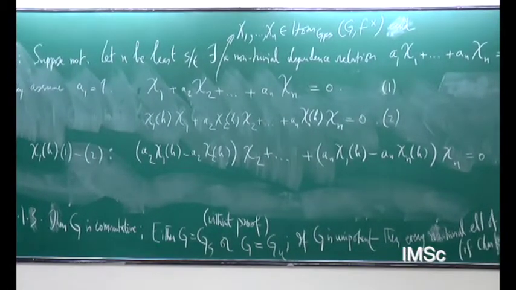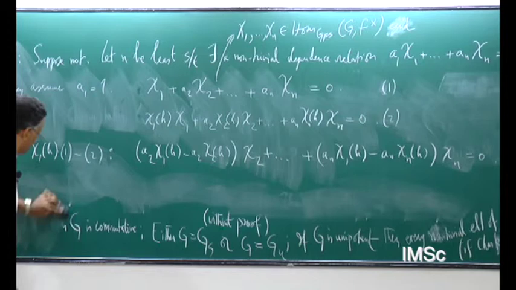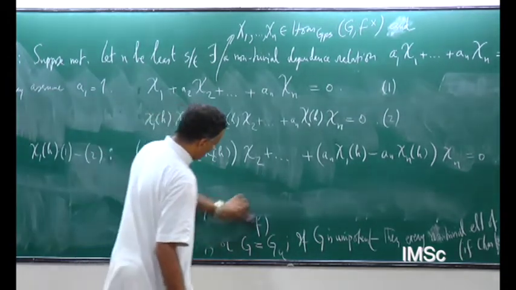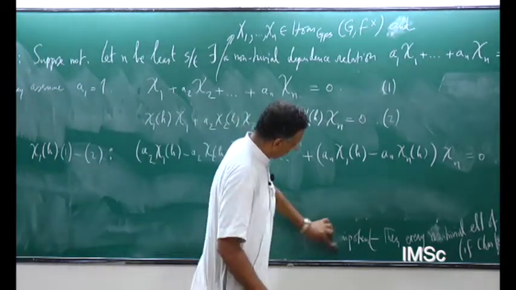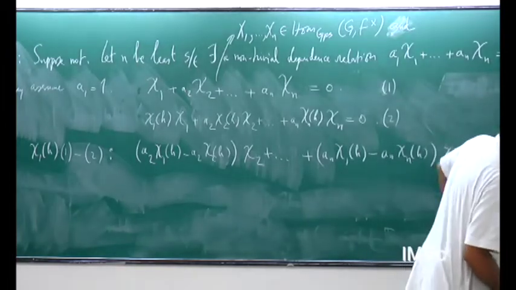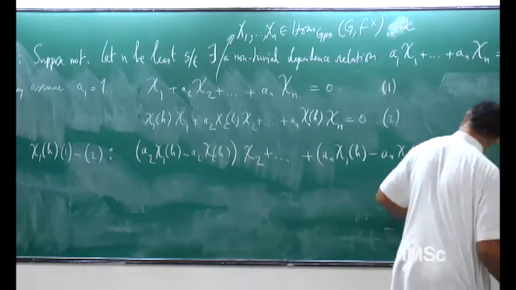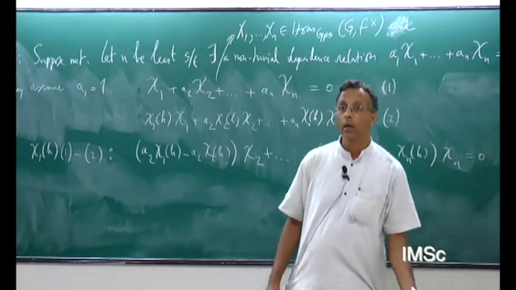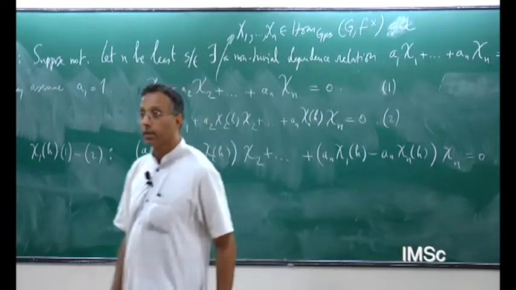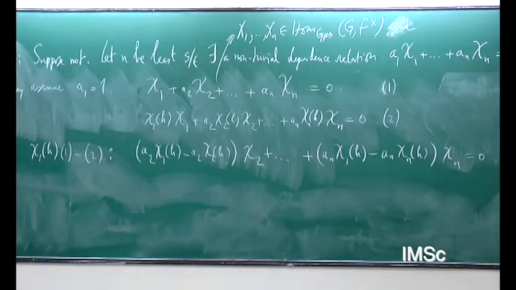Now that's a linear dependence relation among fewer than n elements, so it must be trivial.